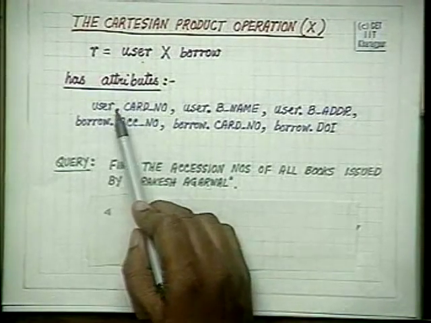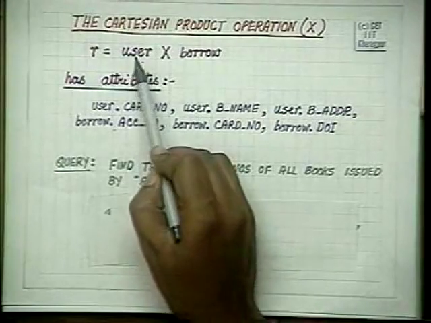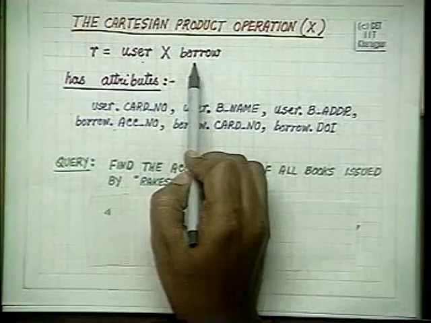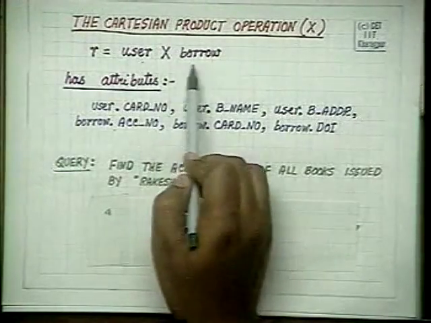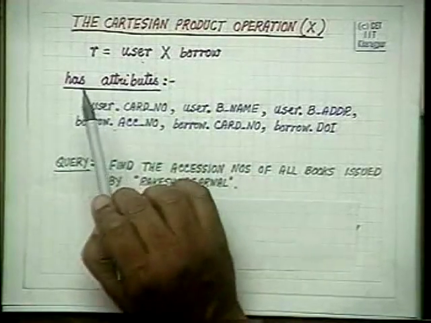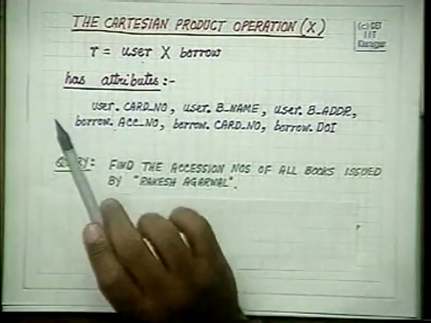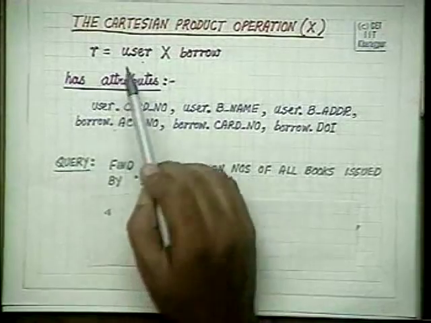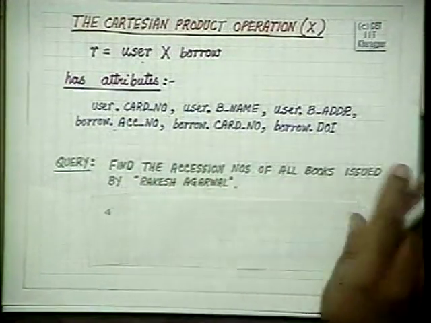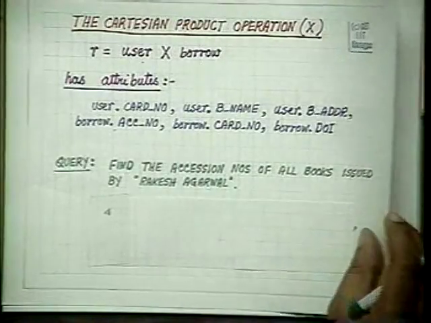I do not want any combination. What I want is those users and those people who have borrowed to have the same card number. If they have the same card number, only in those places will I look at the accession numbers. In the places in the Cartesian product where the card number is different, I am not really interested because that is not relevant to me.